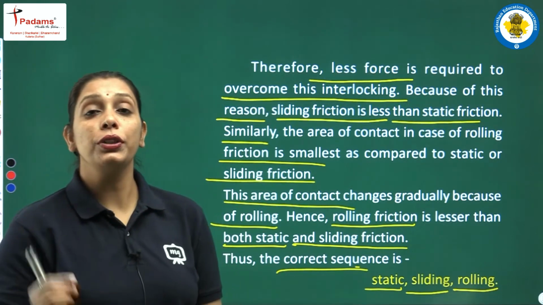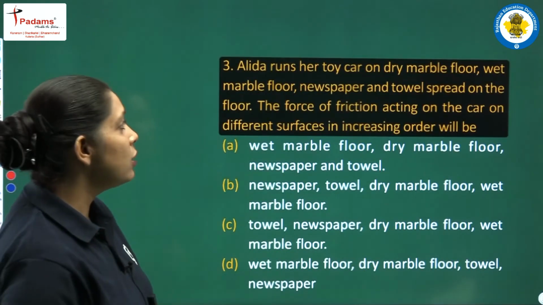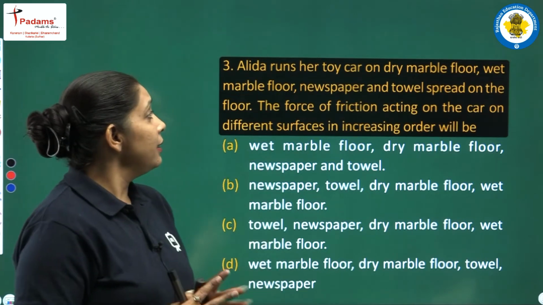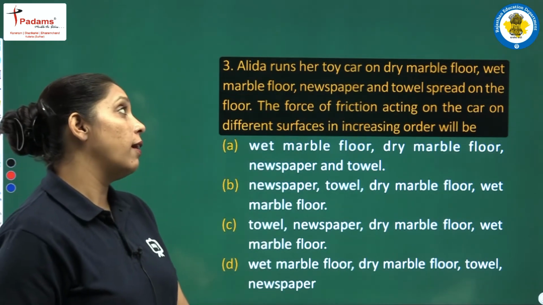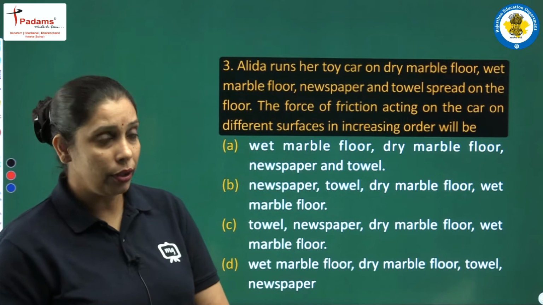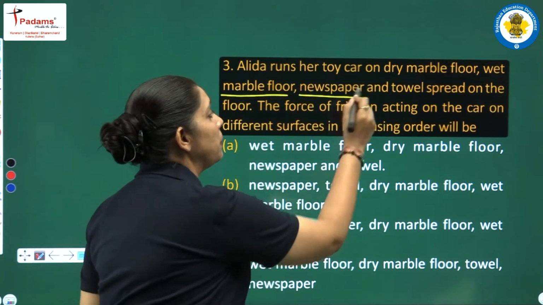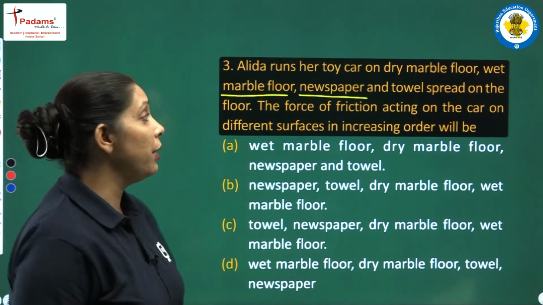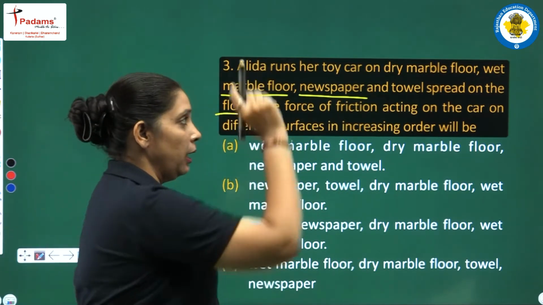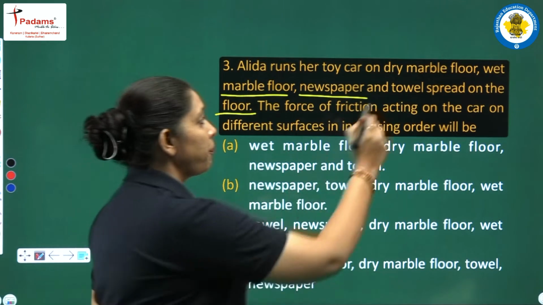Move to the next question class, and next question is: Alida runs her toy car on dry marble floor, wet marble floor, newspaper and towel spread on the floor. Okay, what do we have?